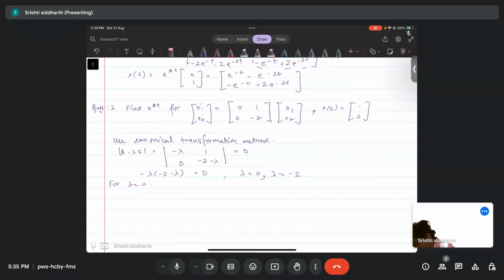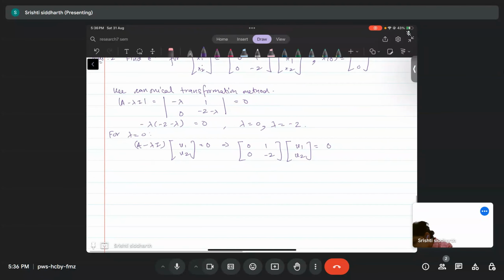This is A minus lambda I times the vector v1 v2. So we have 0 1 0 minus 2 times v1 v2 equals 0. We just have one condition, that v2 should be 0. So the eigenvector is, for example, 1 0 transpose.